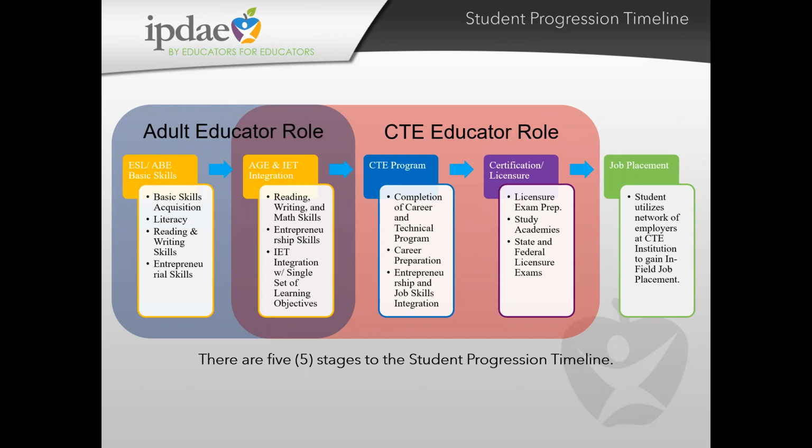And the role of IET in this student progression timeline is really critical in that job placement, because before they enter a career and technical education program, they're going to be learning those basic skills that they need to succeed. And they will also be combining those skills along with the essential knowledge and hands-on skills from a career and technical education program.